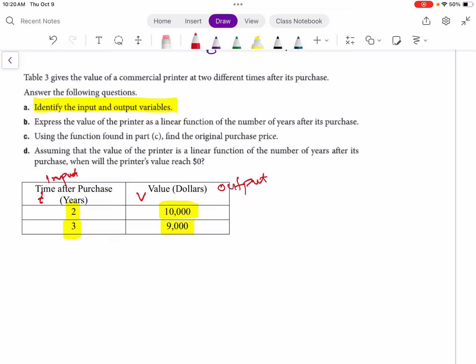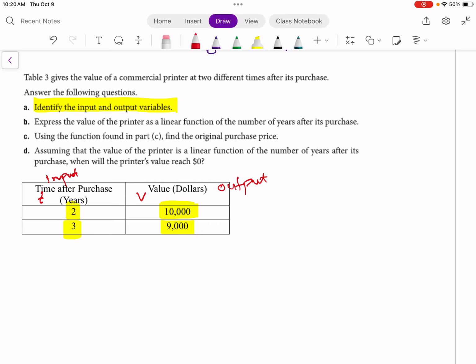When you use the printer for 1 year, the value of the printer doesn't remain the same, right? It changes. There is a depreciation. So the output always depends on some other factor. Our input is independent. Time does not depend on anything. Our output depends on the other factor. So in this case, the value of the printer after its purchase depends on the number of years.